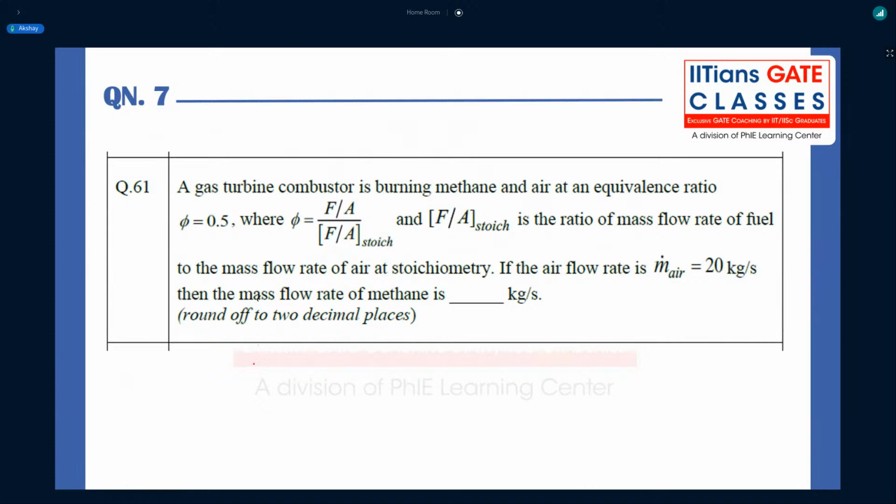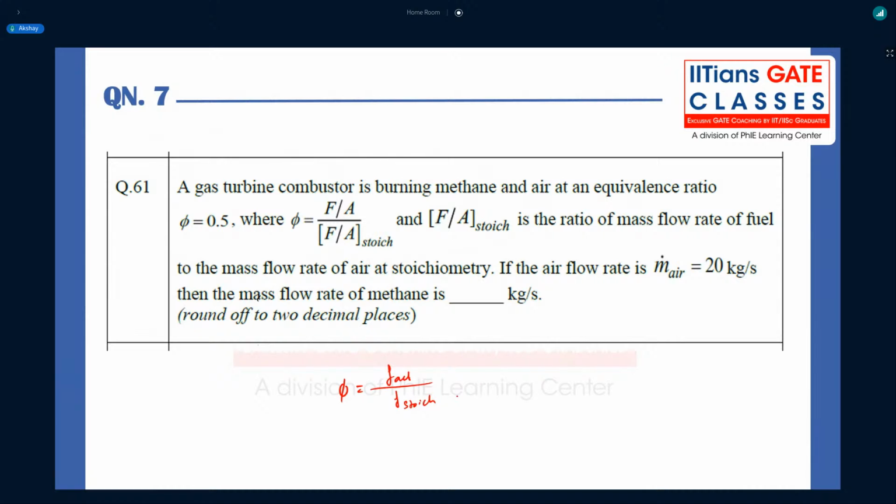This is a bit of a straightforward question. The only thing we have to do here first is find the stoichiometric air to fuel ratio, because what they are given is the equivalence ratio. Equivalence ratio is the fuel to air ratio actual to the fuel to air ratio stoichiometry, right?